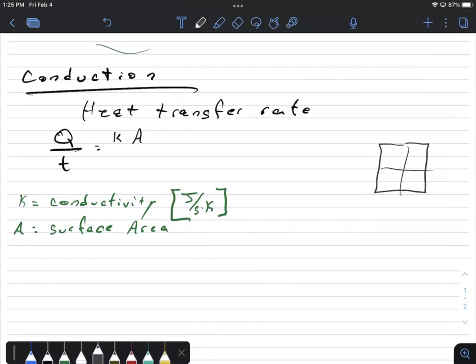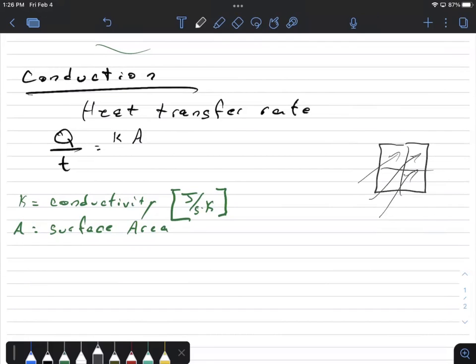Usually windows are where a lot of heat can transfer from one area to another. I want to know how much heat is going to flow through my window from my room into the outside environment. So if you have your heater on in your house and it's really cold outside, the reason you have to keep having the heater turn on and on and on is because eventually the heat that's inside your room transfers through the window to the outside, cooling down your room. And so your heater has to turn back on again.